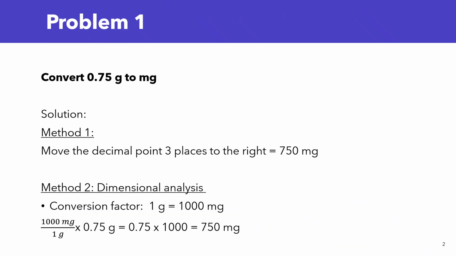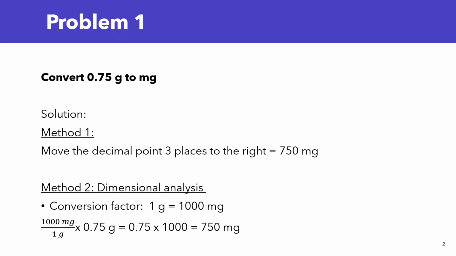Now let's solve a few problems to make sure that we understand. Convert 0.75 gram to milligram. I just showed you that from gram to milligram, it's 1,000. That means you move the decimal 3 places to the right.